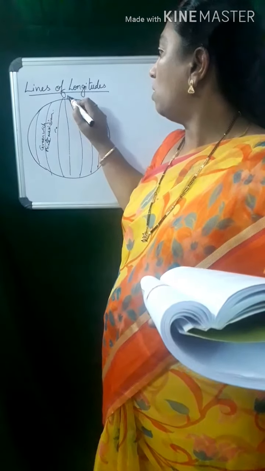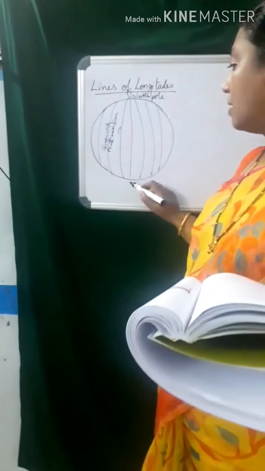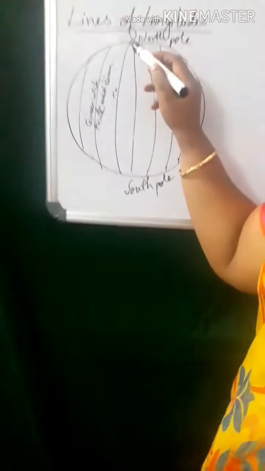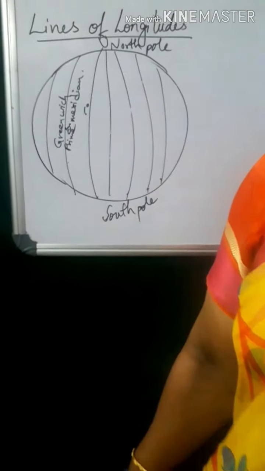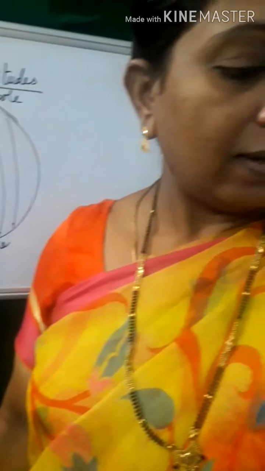This is the north pole and this is the south pole. So from the north pole to the south pole. Unlike parallels, all meridians are equal in length. The distance between consecutive meridians is not constant.